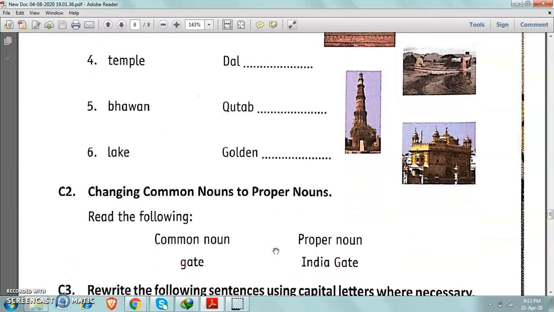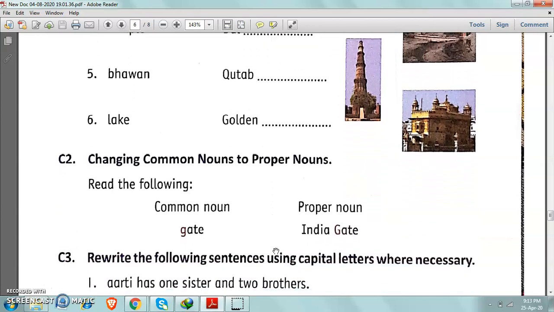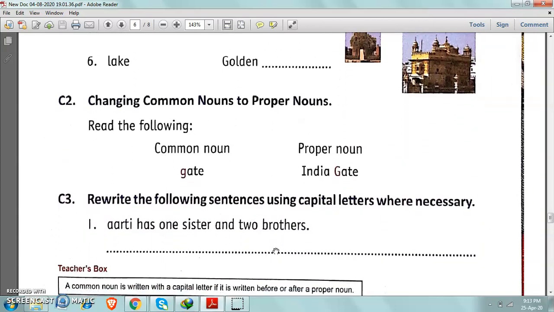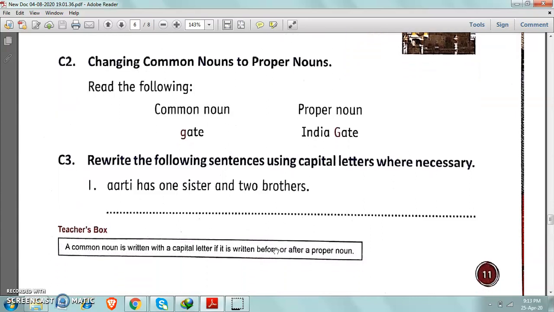Fine. Now this is the time to rewrite the following sentences using capital letters where necessary. Children, I told you in chapter number 2 of grammar how you will frame a sentence and which sentence will be the proper sentence. Now we are on C3. Rewrite the following sentence using capital letters where necessary.